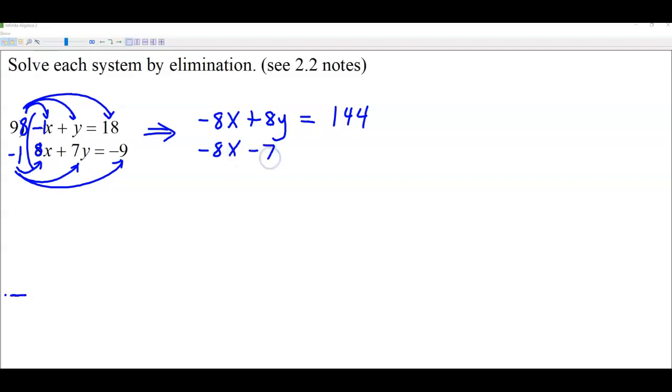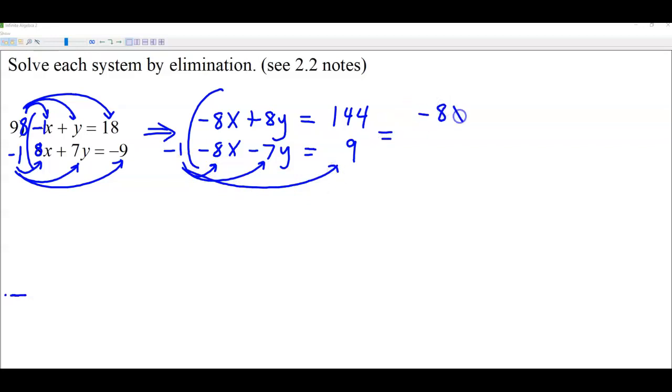Now the purpose of having done that step is that it gets those variables that I wanted to cancel, it makes them exactly the same. Now I don't want them to be exactly the same, I want them to be opposites. So the next step is to pick one of your equations and multiply it by a -1 again on the bottom here. And that's going to change all the signs.